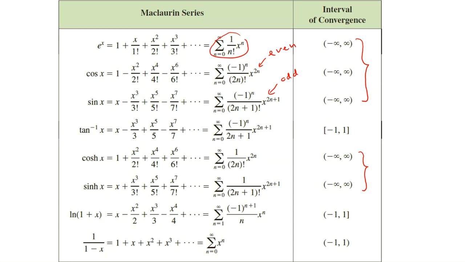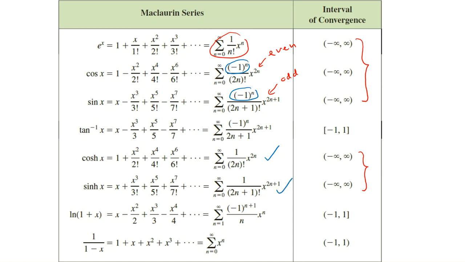One other thing you notice is that if you remove the sign alternation, you end up getting the hyperbolic functions. If you remove the sign alternation of the cosine, you get the hyperbolic cosine. If you remove it from the sine function, you get the hyperbolic sine function.